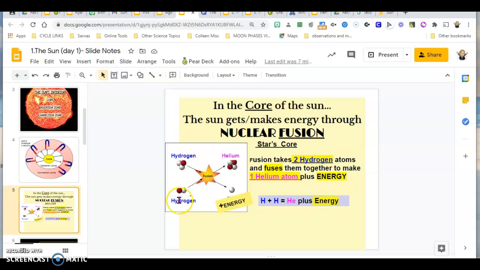Now, when the Sun uses energy to force these 2 hydrogen atoms together, it creates helium. But helium has less matter than hydrogen, and therefore there's extra left over, and that's energy. So every time the Sun uses energy, it creates energy. And that's different than anything else that can make energy or use energy. When we use energy, it's gone.